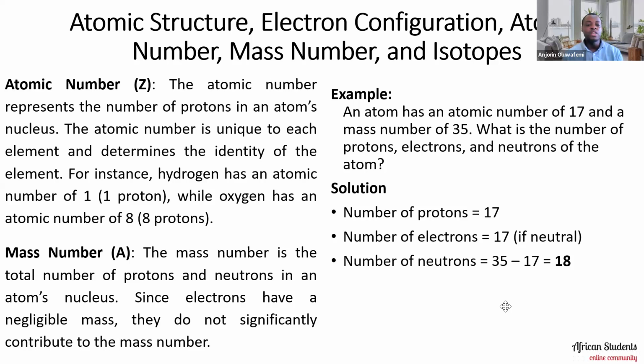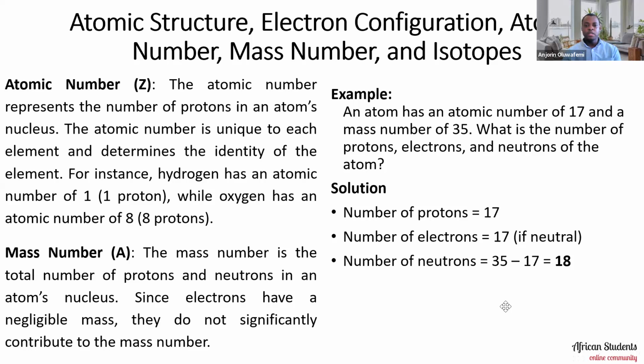Now, mass number is denoted by the letter A. The mass number is the total number of protons and neutrons in an atom's nucleus. Since electrons have a negligible mass, they do not significantly contribute to the mass number.